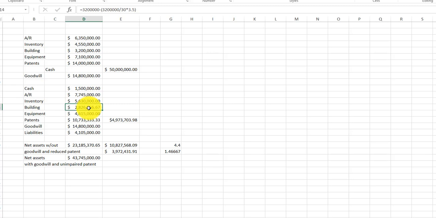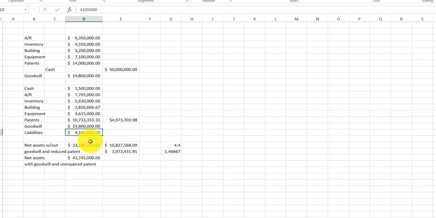So I didn't separate out accumulated depreciation, just subtracted it out. Equipment here, and we're not worried about them for impairment, okay? But here's our patent with the amortization taken out of it, and the goodwill as we originally recorded it, 14,800.